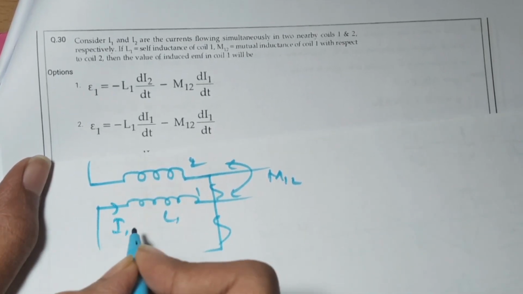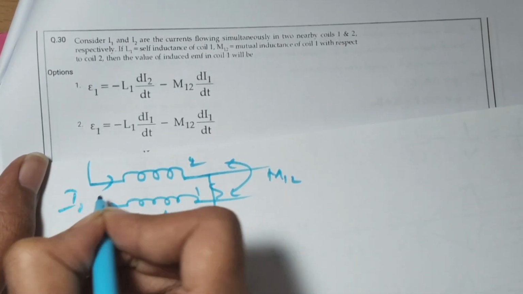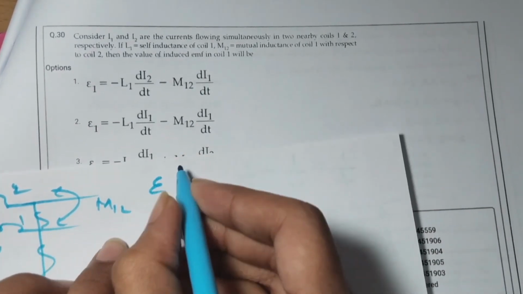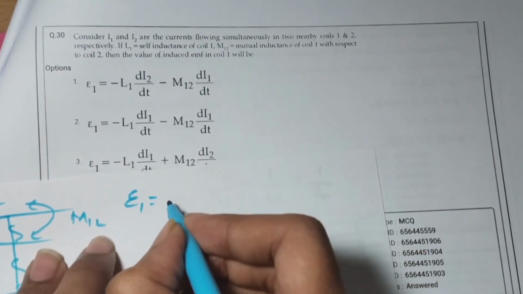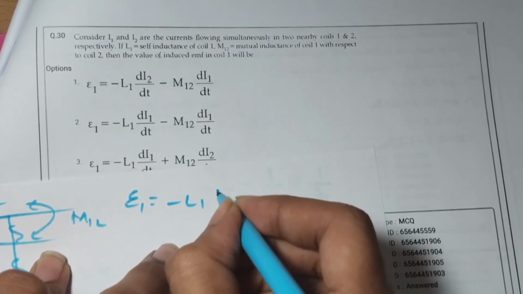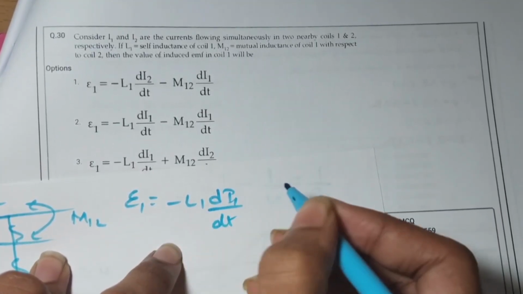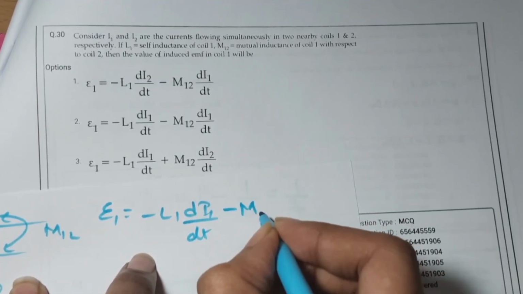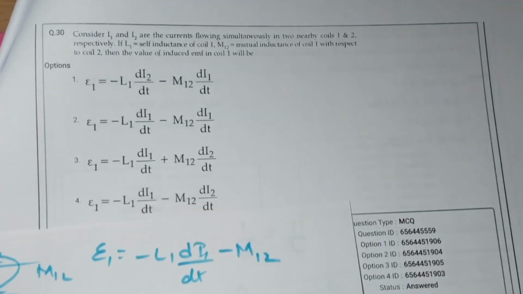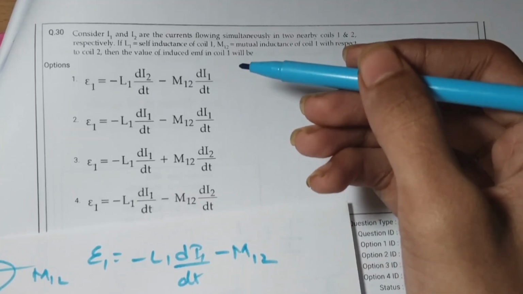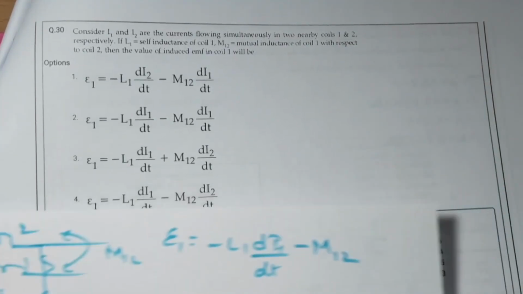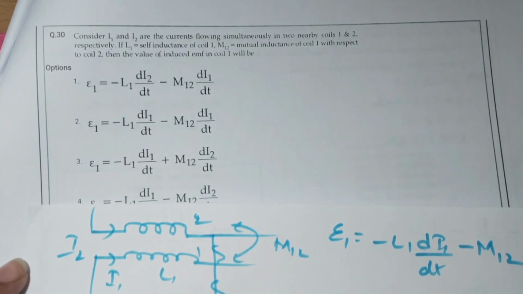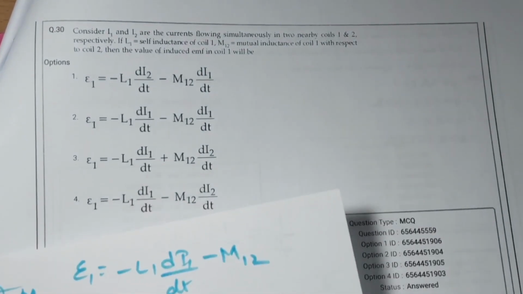See, current I1 is flowing in L1 and current I2 is flowing in L2. So induced EMF in coil 1 will be minus L1 di1 by dt, change in current per time, minus M12. Here you may have confusion between di1 by dt or di2 by dt, because it is self-induced EMF in coil 1.